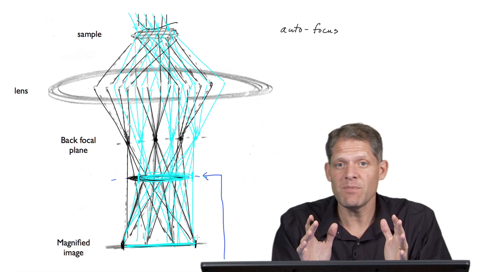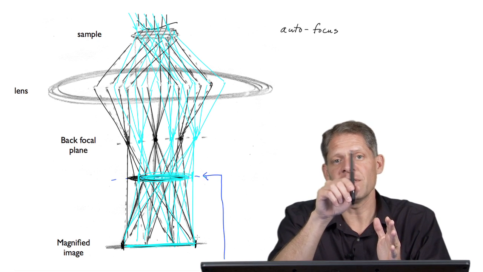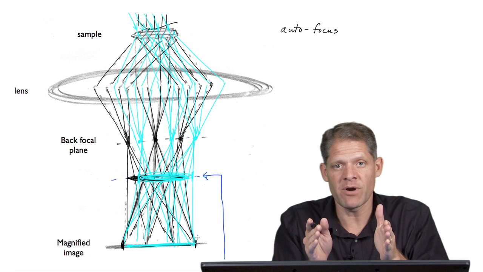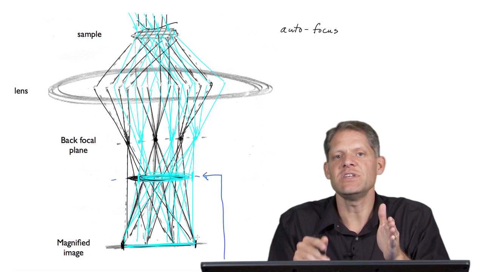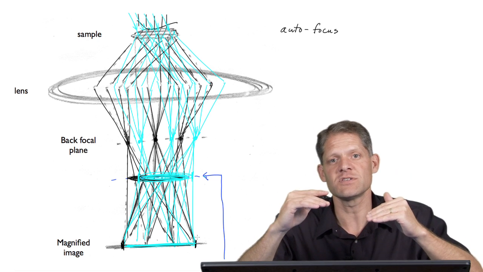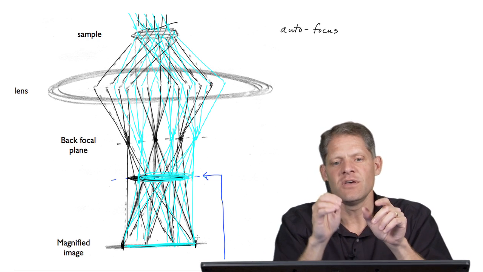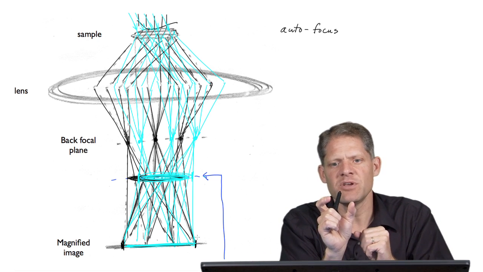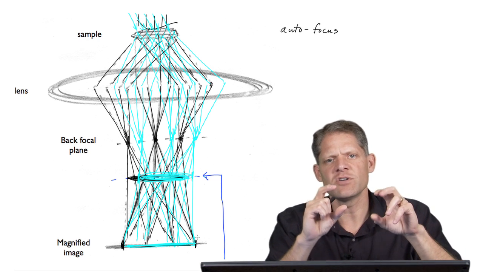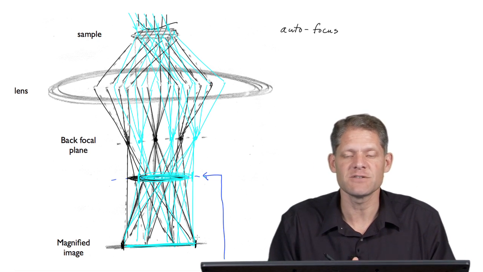In a focused image, you can beam tilt slightly, and the image won't actually move to the left or the right. It'll stay where it is. But if your detector is conjugate to any other plane above or below true focus, then when you beam tilt, you'll see the out of focus image shifting back and forth to the left and the right. So you just change focus until that shift is minimized.